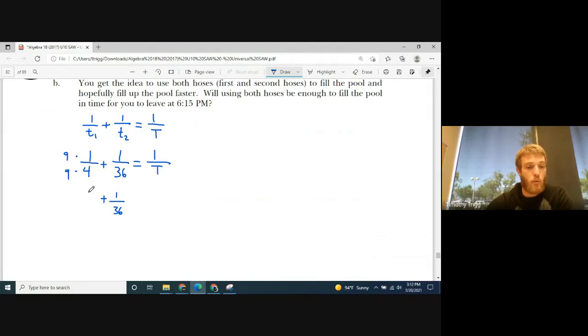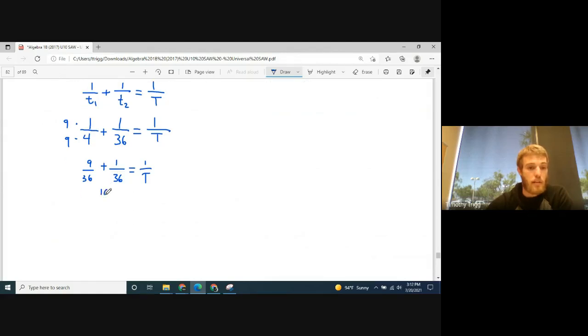So this 1/4 can change to 9/36, equals 1 over T, which is still on the right-hand side of the equation. I could add these together, so that's 10/36, which equals 1 over T.